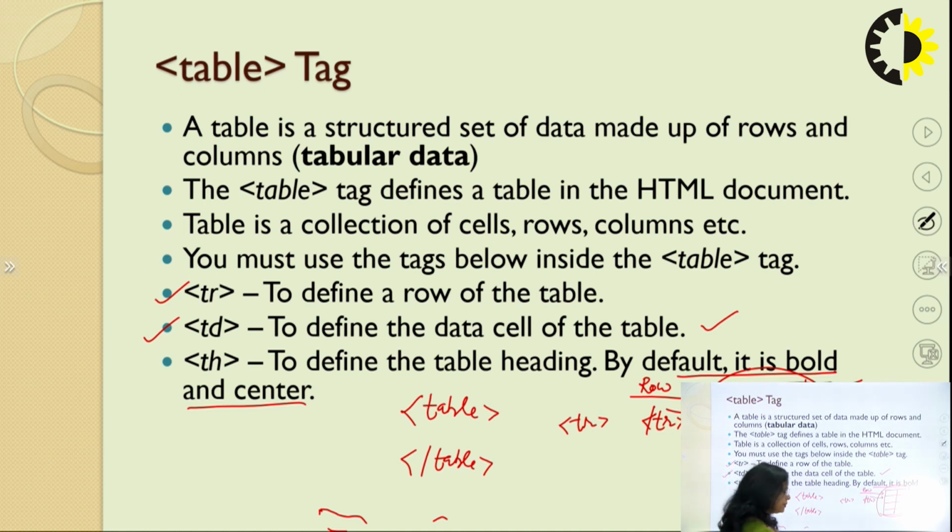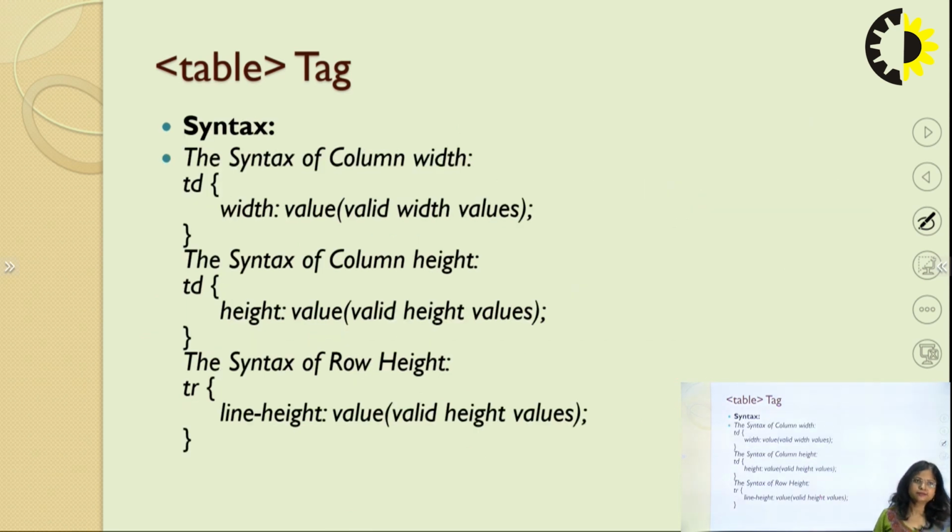So this is the basic introduction of the table tag. In summary, a table can be created by using the table tag, and rows of a table can be created by using the tr tag. Data can be entered into the cell by using the td tag, and table heading can be represented by the th tag.